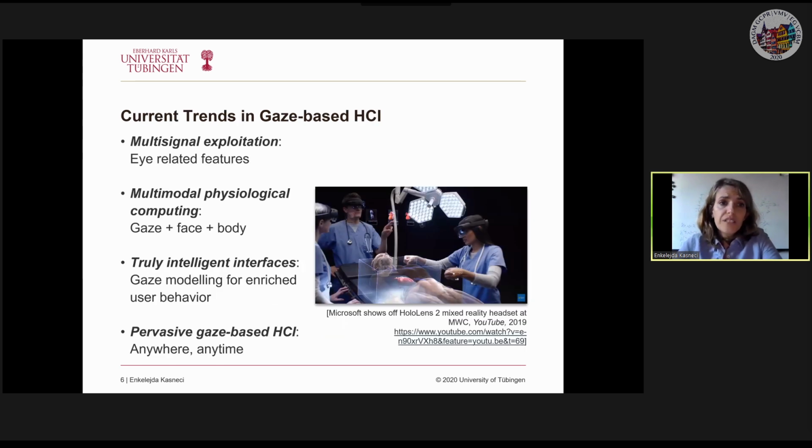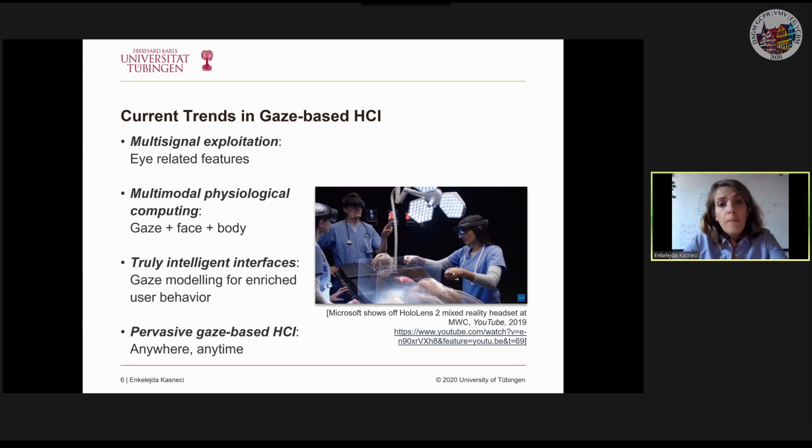If we look at the current trends in gaze-based HCI, you will see a lot of papers dealing with so-called multi-signal exploitation, where the gaze information is used along with other eye-related features to infer more information about the user, for example visual fatigue, or any other kind of fatigue, or drowsiness.